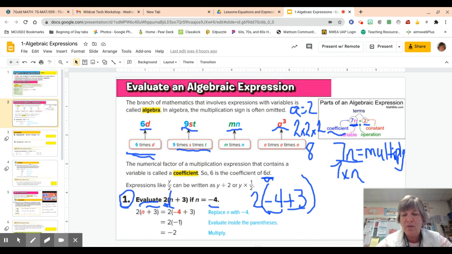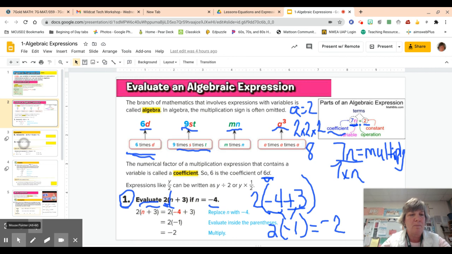And so I have a -4 plus 3. Same signs mean that I add and keep. Unfortunately, these are different signs. It means I subtract, and I'm going to get a -1 inside the parentheses right next to 2. If it is right next to it, the operation is multiply. 2 times 1 is 2. A negative times a positive is a negative answer. My answer is -2.